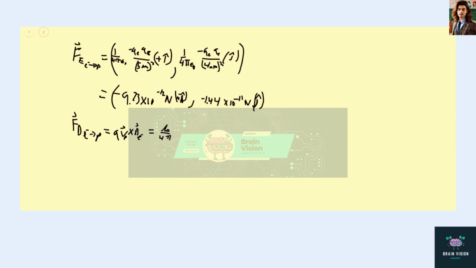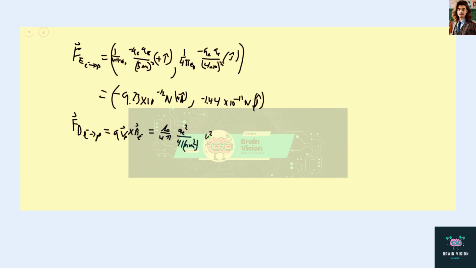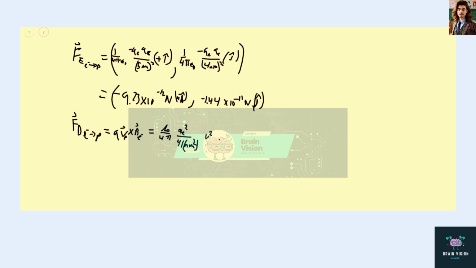So we have, let's see, QE squared over 41 nanometers squared, V squared, because we have two V's in the previous part. And then we found that out to be negative k hat magnetic field. So then we can take negative j hat, that's the direction of the velocity vector for P, for the proton, crossed with negative k hat.